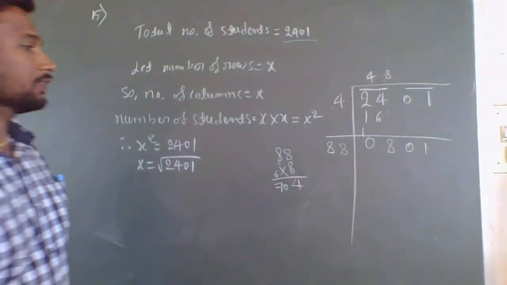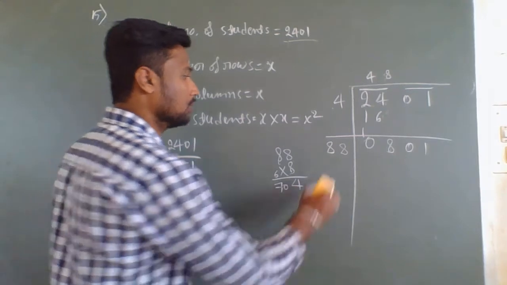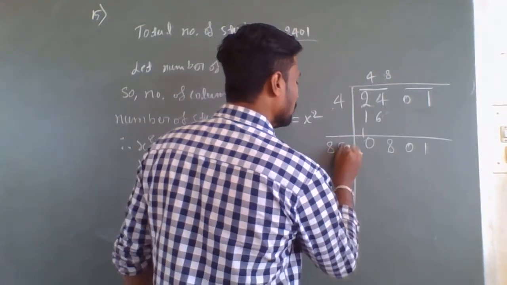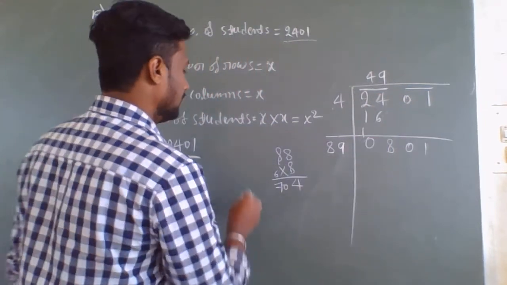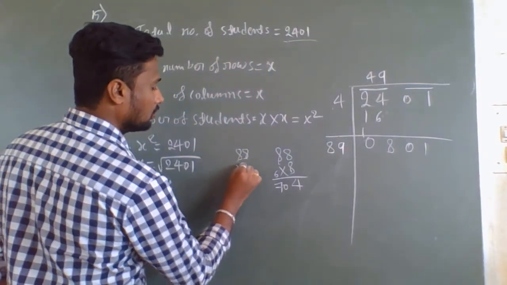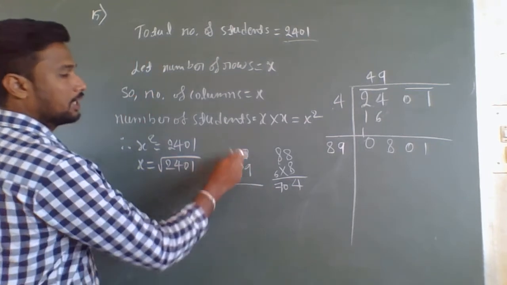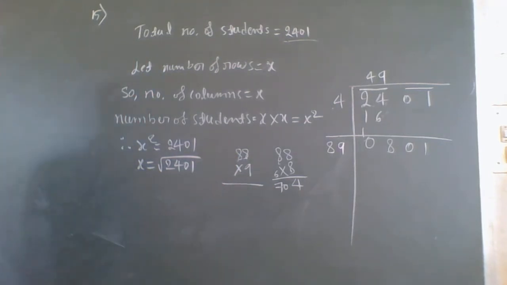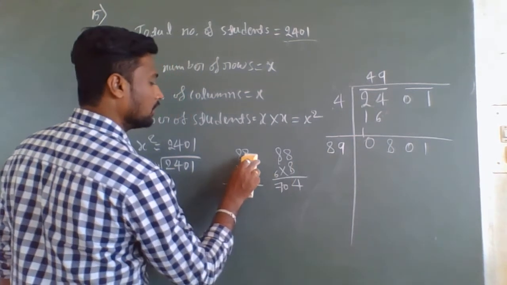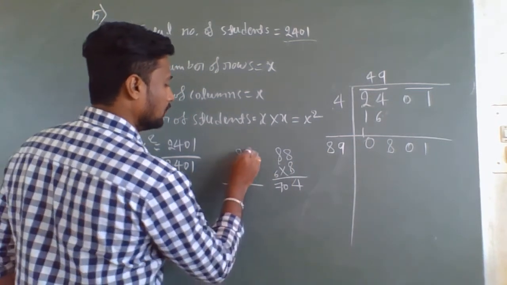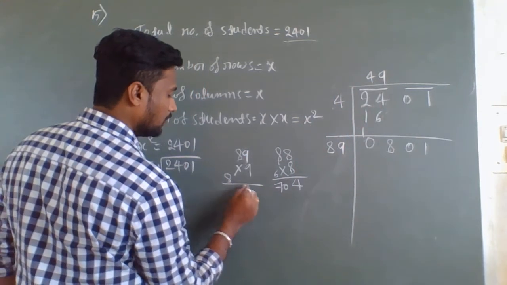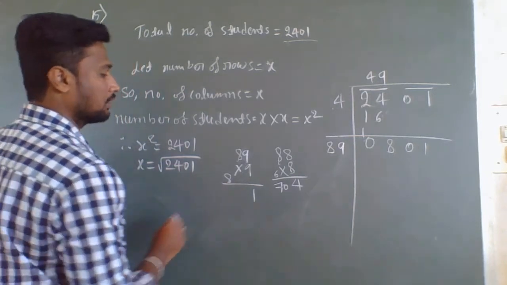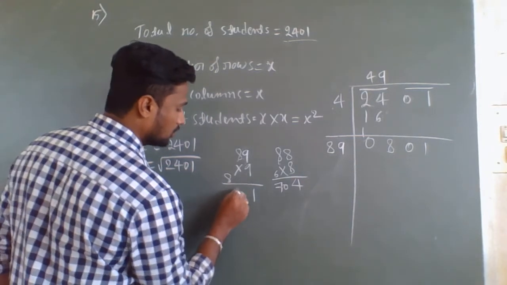So now we will check with the next number 9. If I write 9 here, here also I should write 9 only. Now 89 into 9, what will you get? Sorry, here we have 89. 89 into 9 means 9 into 9 is 81, 9 into 8 is 72, 72 plus 8 means 80.